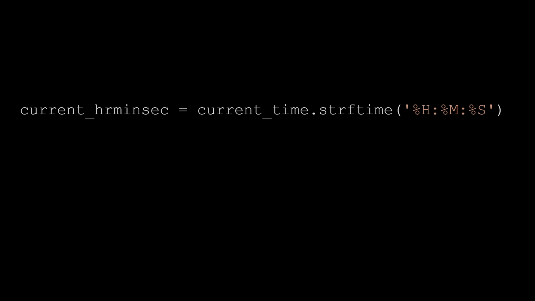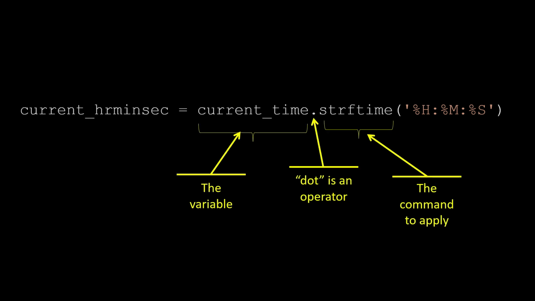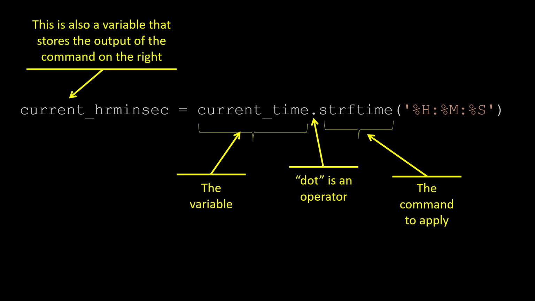Here, the dot is an operator that, in this case, tells a computer to apply a command to a variable. The variable is identified by the name appearing on the left of the dot, which is current_time. Similarly, the command is the name that appears on the right of the dot operator, that is strftime.